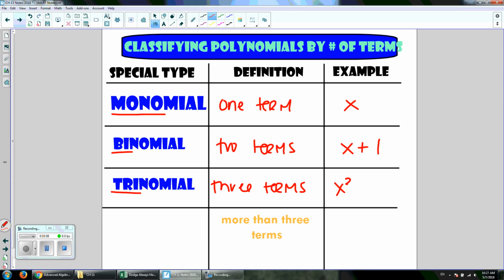So how about x squared plus x plus 1? And anything more than 3 is poly, meaning many, nomial. More than 3 terms. So how about x to the third plus x squared plus x plus 1? So 2 different ways to classify it, number of terms and then the largest exponent.